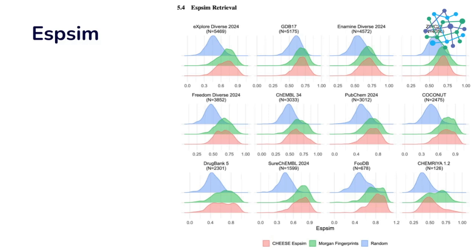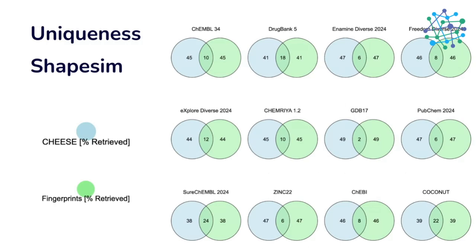But to check whether it even retrieves different molecules on average and learns anything at all, we have looked at the uniqueness of the retrieved results. And for shape similarity, the uniqueness is quite high. Here we can see Venn diagrams in percentages on each of those databases.